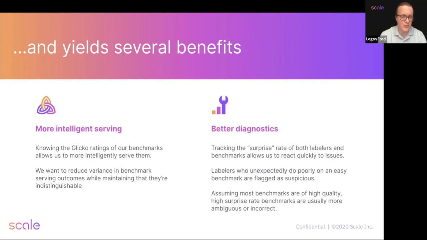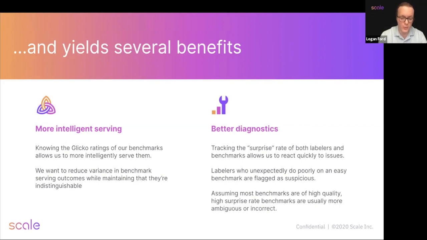We can reduce the variance so that they don't get a bunch of hard benchmarks in a row and a bunch of easy benchmarks in a row. They just get a consistent overall skill level over time. This allows us to be more confident in measuring differences in behavior over time from the labelers.